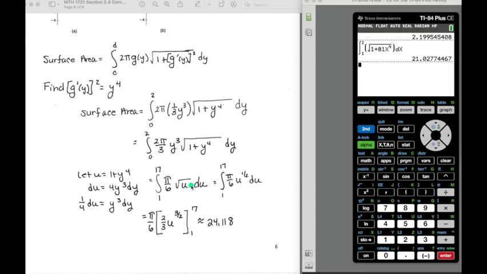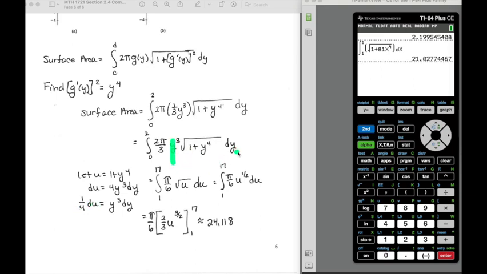And then I'm going to say, let 1 plus y to the 4th be equal to u. And I'm going to figure out what I need to do to replace the y to the 3rd and the dy. So when I take the derivative of u, I get 4y cubed dy. So when I solve this for y cubed dy, since that's what I want to replace, I get 1/4 du.